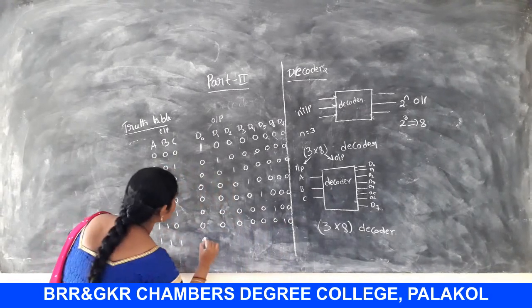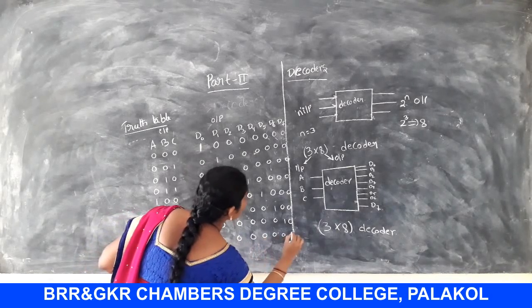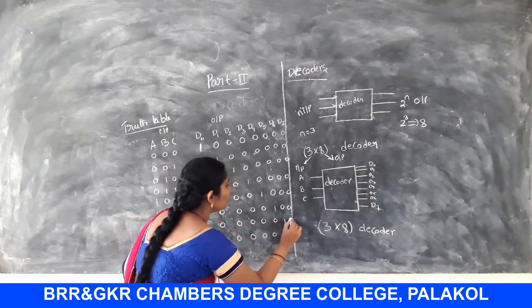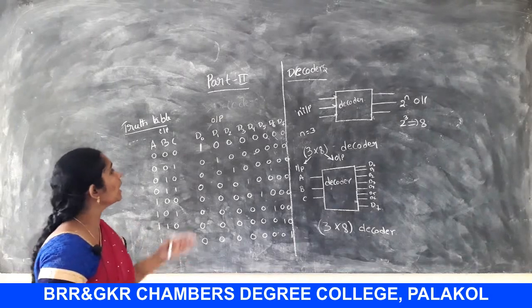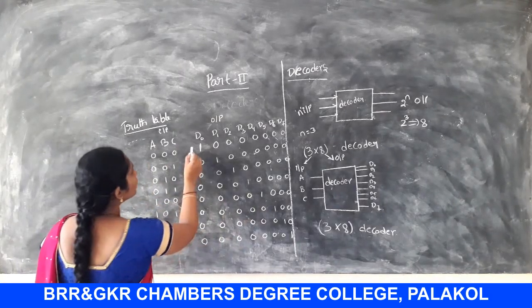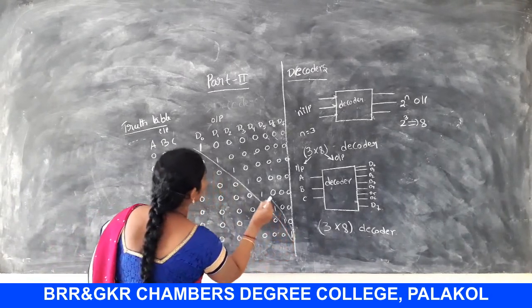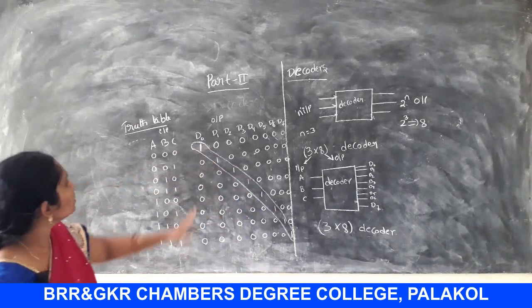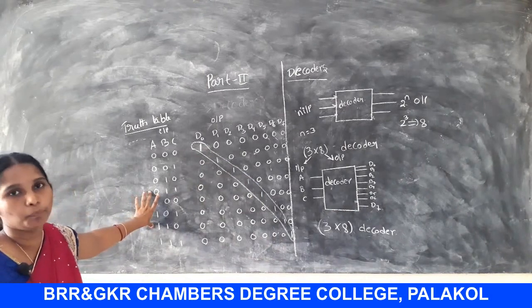Next one is 7, so D7 is 1 and all others are 0. Likewise, depending upon the input, it will produce the output, and the corresponding D1 or D2 or D3 is selected depending upon the applied inputs.